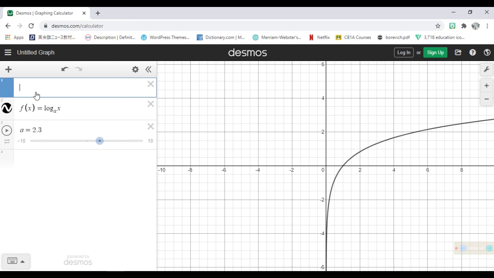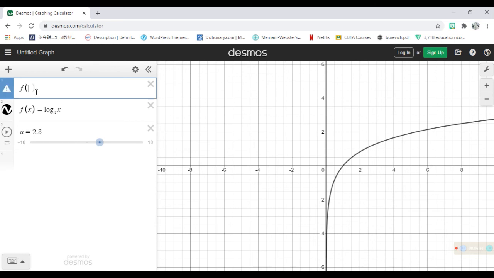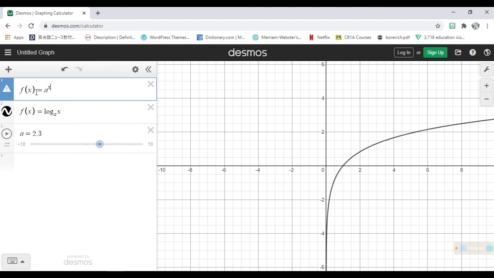So they should be symmetric. Let's type in its inverse. We have f of x is equal to a raised to x. We have the same value, which is 2.3.